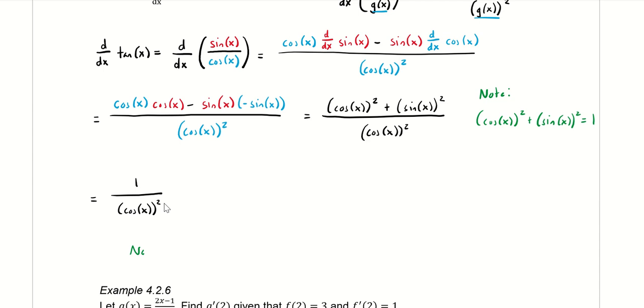Another note, 1 over the cosine of x is equal to the secant of x. And if we have squared on the denominator, it just becomes secant squared. So I can actually rewrite this one more time to get the thing we're trying to show.